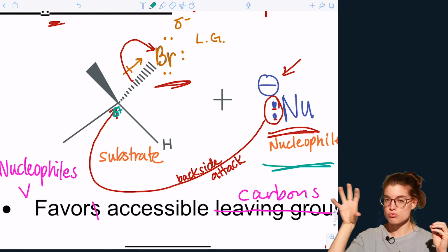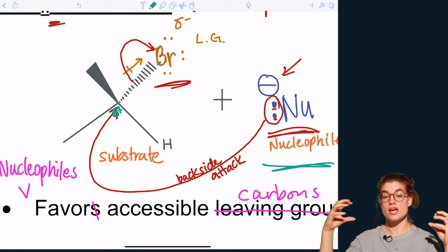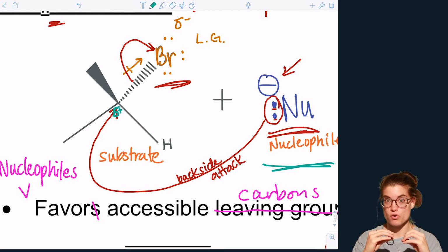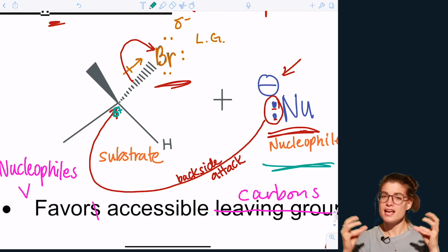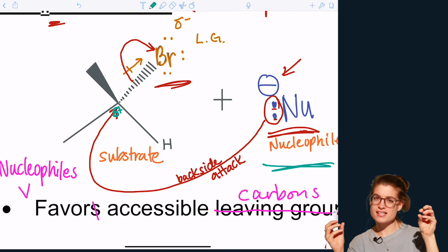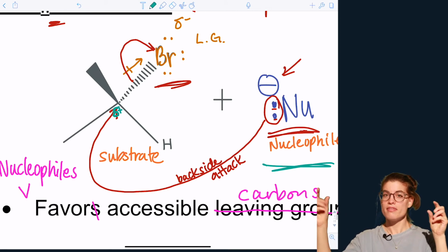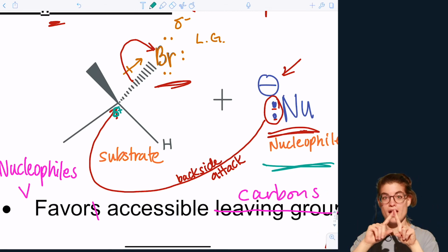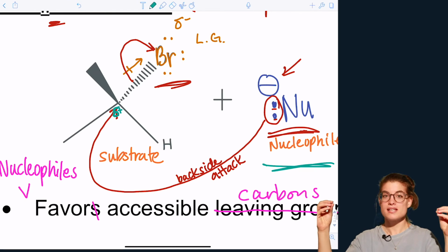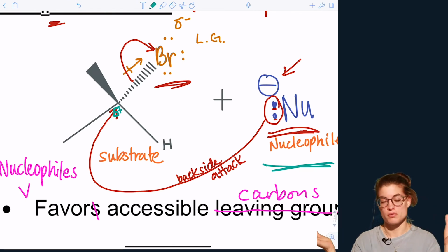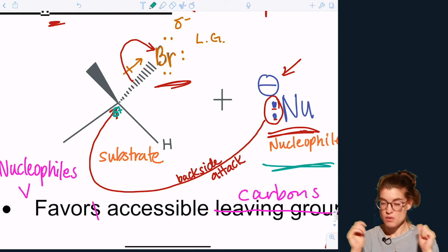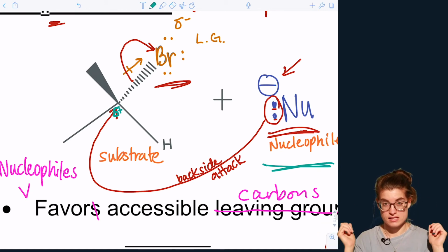So the strong nucleophile is what's generating the attractive force between them, okay? If you had a small positive and a small negative, there would not be enough attraction between them for them to actually find each other realistically, quickly enough, all right? They wouldn't even see each other, basically.